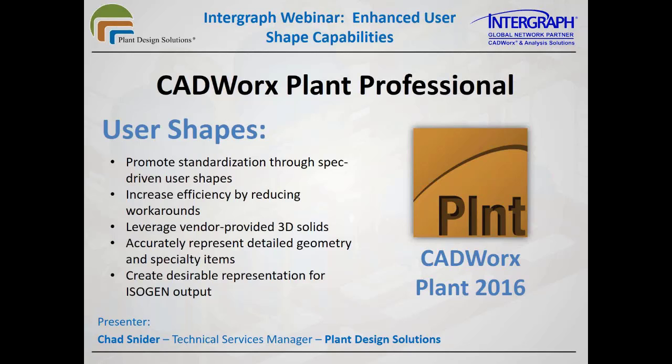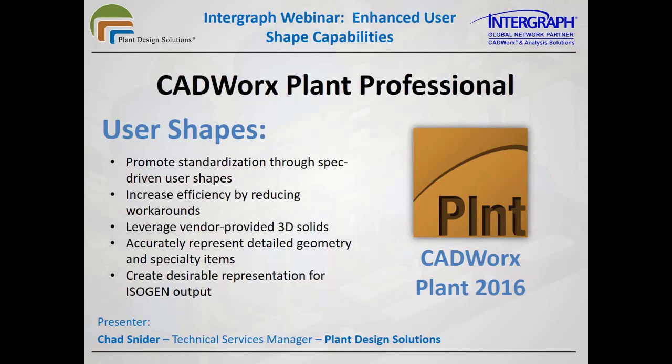And typically we can either import those and explode them and use the surface sculpt command to turn those into AutoCAD 3D solids so that they can be made into user shapes. If you're experiencing any hang-ups or file format issues, we're glad to help. So don't hesitate to reach out to your CADWorx support provider.